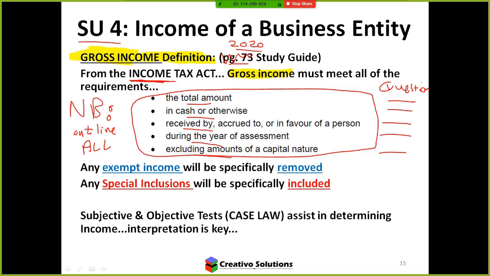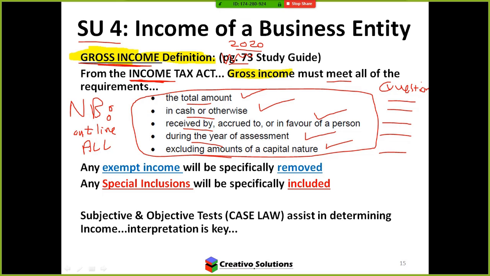Does it meet the definition? That's the approach. This slide is important because you've got the definition and the requirements here. All 5 requirements have to be met in order for something to meet the gross income definition. And if it's gross income, you have to include it. You don't have a choice.